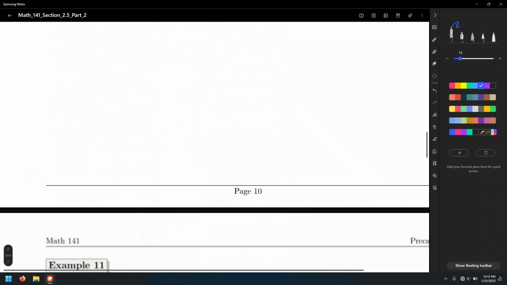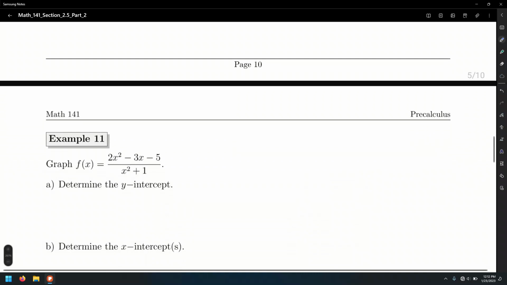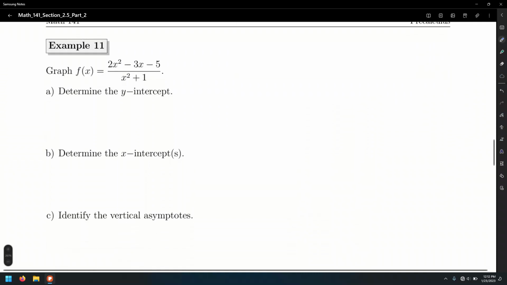Let's see. So the graph of (2x² - 3x - 5) divided by (x² + 1). All right. So number one, let's get the intercepts. To get the y-intercept, all we do is plug in x equals 0 to solve for y. That's going to give us the ordered pair corresponding to the y-intercept.